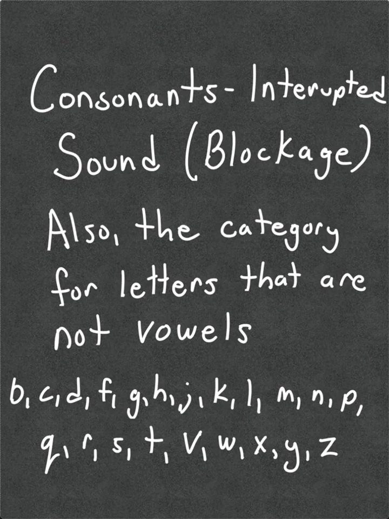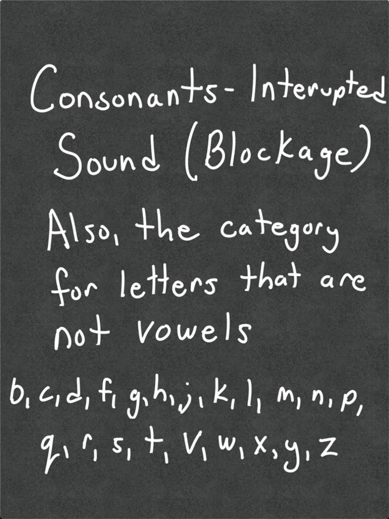A consonant is an interrupted sound. There's some kind of blockage that is going on, either in the mouth, the throat, or the nose. I'm not going to get too technical, but there's something that's allowing us to make an interrupted sound, such as B, K, D, F. I'm not going to go through the whole alphabet, but you get the idea. Vowel, A, uninterrupted sound.